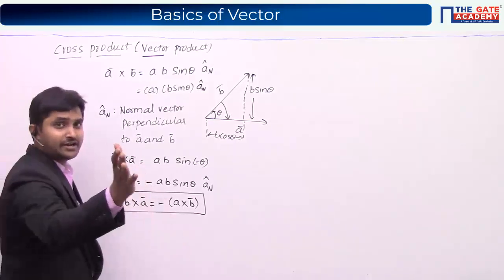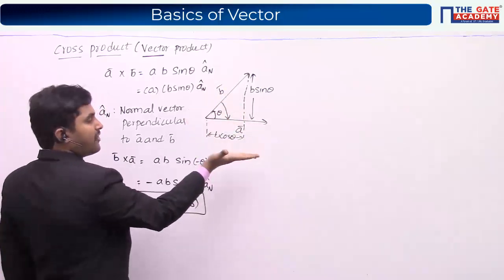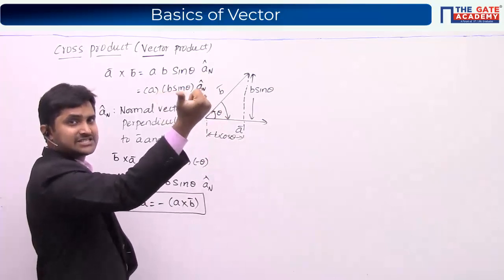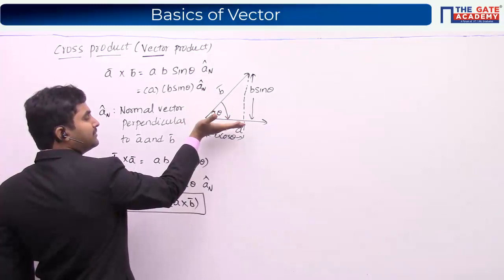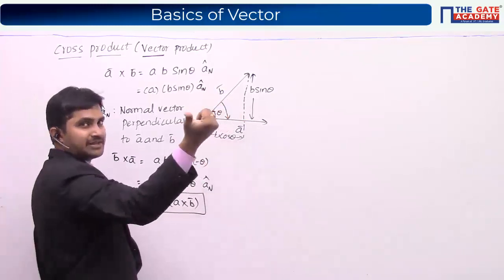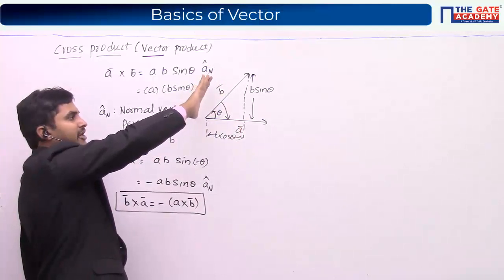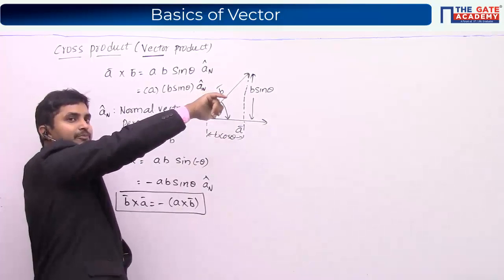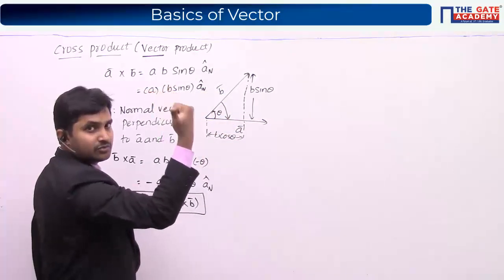It means that if I am moving from A to B, the direction which is perpendicular to both is like this. But if I am moving from B to A, then you see it is going inside the board. Initially the normal was coming outside the board, yes or no?